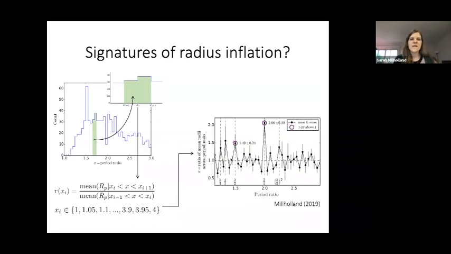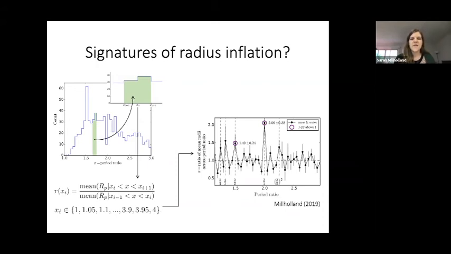So here is the result of that calculation, where on the y-axis is the ratio of the mean planet radii across a given period ratio bin, plotted as a function of the period ratio. And the purple circles here indicate all spots where this ratio is greater than 2 sigma enhanced over unity.